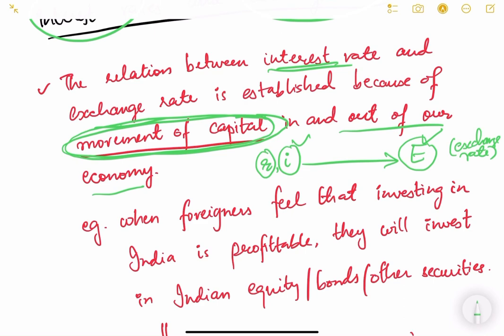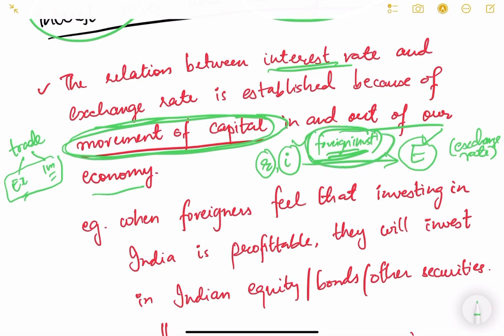Okay, the movement of capital, for example, foreign investments. So foreign investments is the major factor, although trade is also there. Okay, so trade, like our exports, our imports, all these things are also there. But when you look at the total quantum of money that is used in exporting and importing, it is not that much when compared to the capital flows.